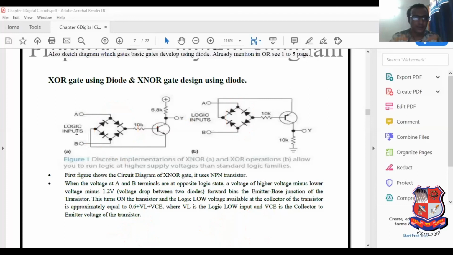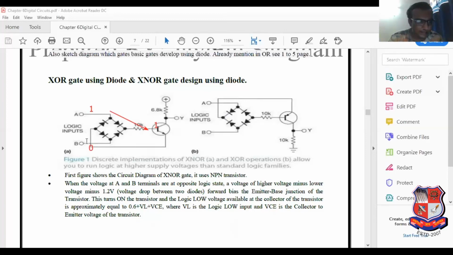Now I will explain the other two cases. If here the input is 1 and here the input is 0. Now see, these are two different cases. Here 1, so the diode acts as forward bias, so current can flow like that. And here also we can get 1.